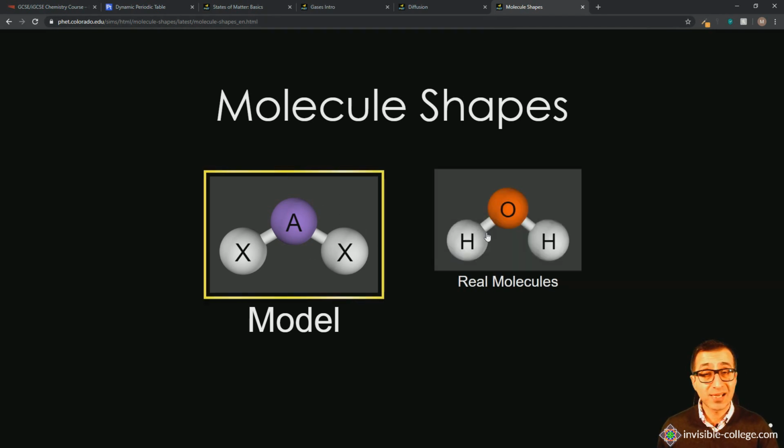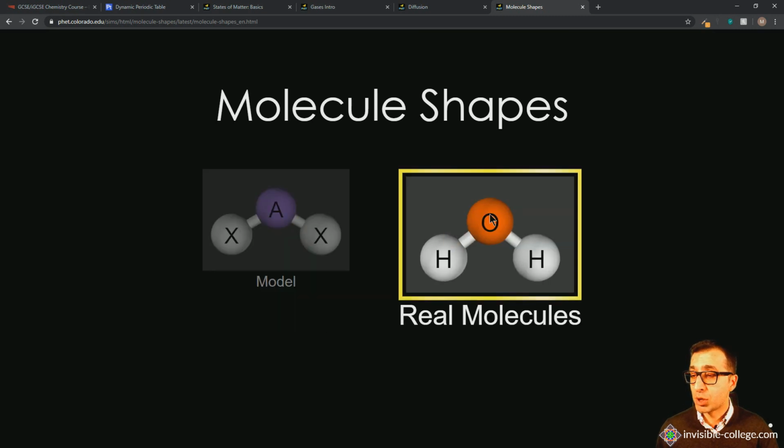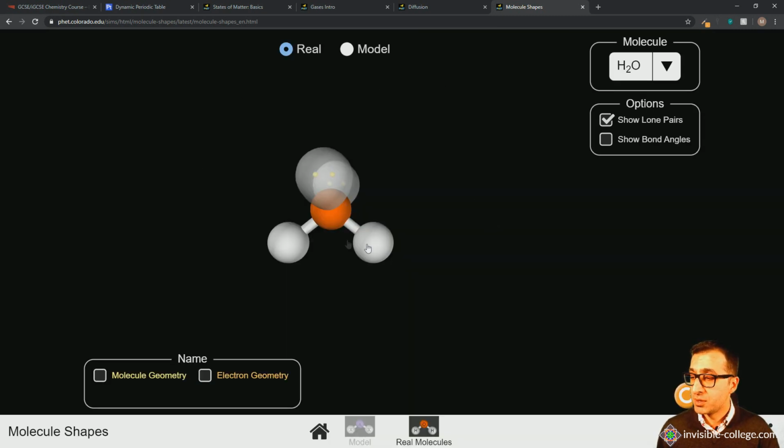I'll embed this on the lessons pages. So we can take a look at some molecules here, like water. Water is composed of an oxygen atom chemically bonded to two hydrogen atoms. These are two covalent chemical bonds here. Here we see one of the hydrogens, here is another hydrogen, here is the oxygen atom in red, and these are the two single covalent bonds that link the oxygen atom to the hydrogen atoms.